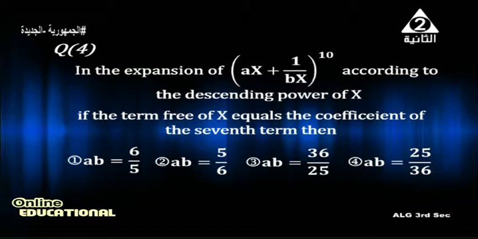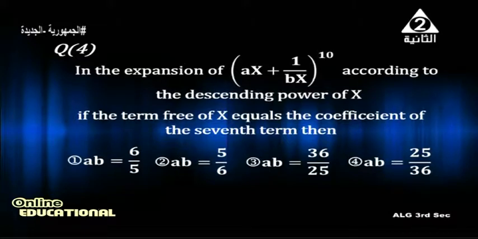In this case, my dear student, the general term equals 10 Cr, second term 1 over bx to the power r, multiplied by the first term ax to the power 10 minus r. After that, we put the term free of x equal to the coefficient of T7. T7 equals 10 C6, second term to the power 6, first term to the power 4.